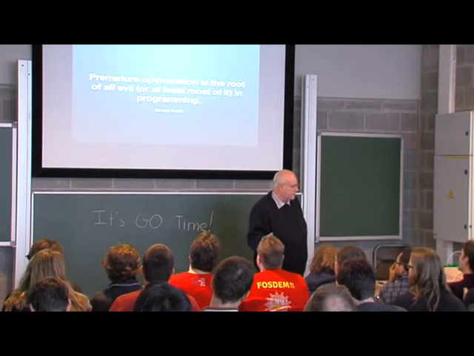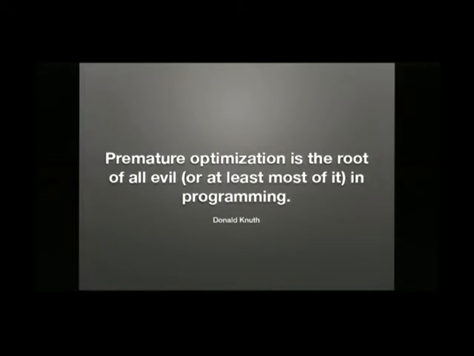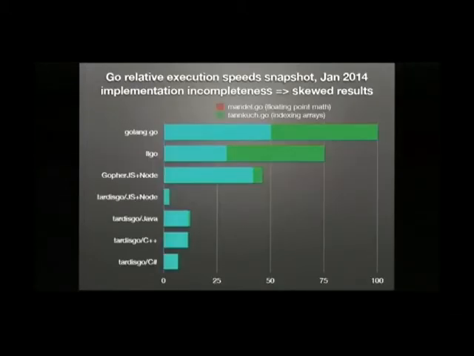I think that premature optimization must be the root of all evil, which is why I've done very simplistic code generation, as I said earlier. And that has an effect on the relative performance of the various systems.